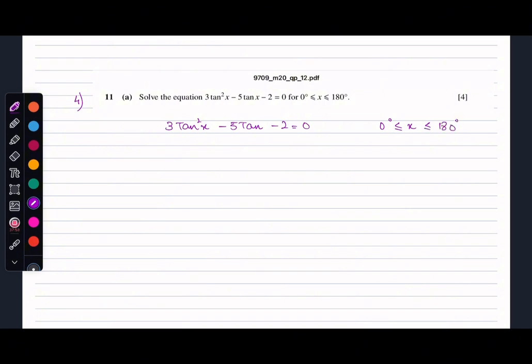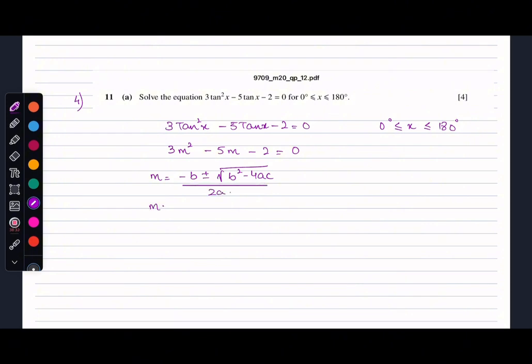So to solve the equation, again we know that this is the disguised quadratic equation where we can simply assume m to be tan of x, and with that this equation can get reduced to 3m squared minus 5m minus 2, which then shall be equal to 0. So with this as 0, we can simply apply the formula, which is going to be negative b plus minus the square root of b squared minus 4ac divided by 2a to get the tan x values.